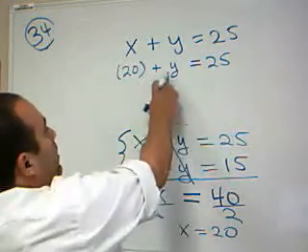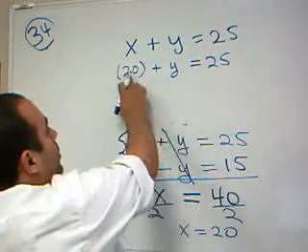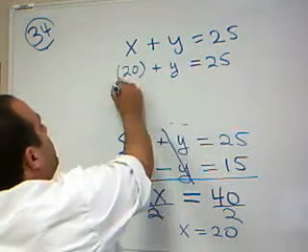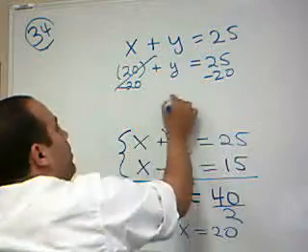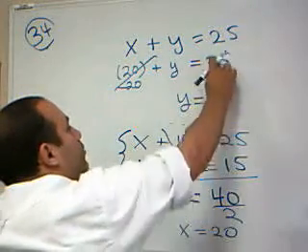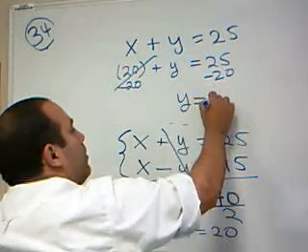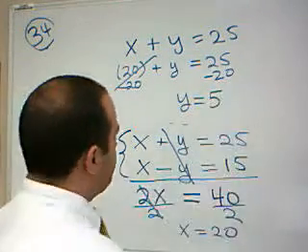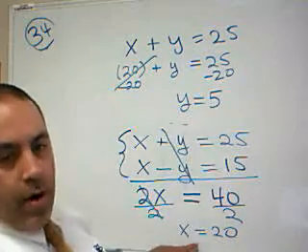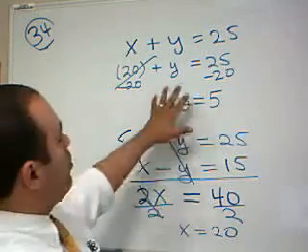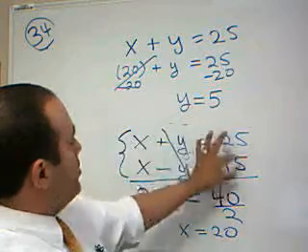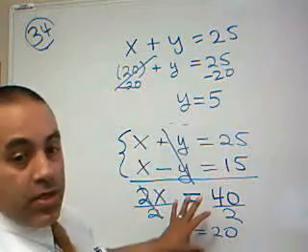If x is 20 and y is unknown, we can get y standing alone by subtracting 20 from both sides. We get y equals 25 minus 20, or 5. Now the way we wrote our answers in chapter 4 was as an ordered pair, because remember, we're really talking about linear equations and where those equations intersect.